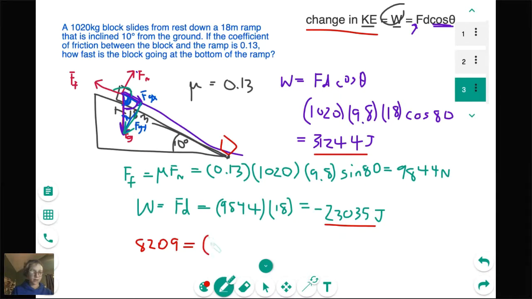So at the bottom of the ramp, it has 8,209 joules of kinetic energy. So 1/2 times 1020 times v squared. And if I do out all that algebra, v comes out to be 4.01 meters per second.